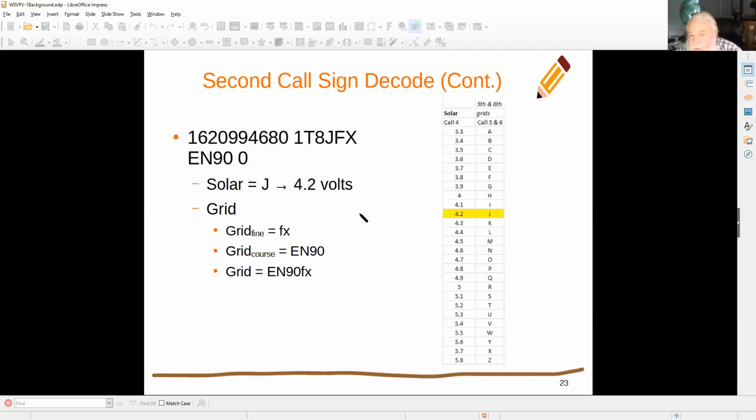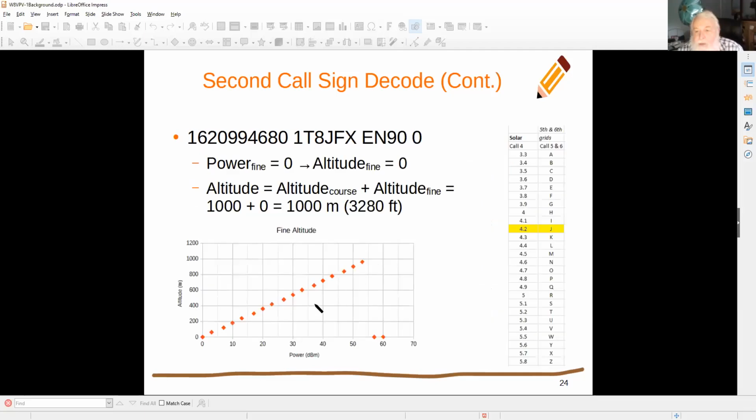Oh, that's right. This was encoded in the T here. So anyway, to get the fine power, it's 0, it came through as 0 dBm. So that means that the correction on the fine altitude is actually 0 meters here.